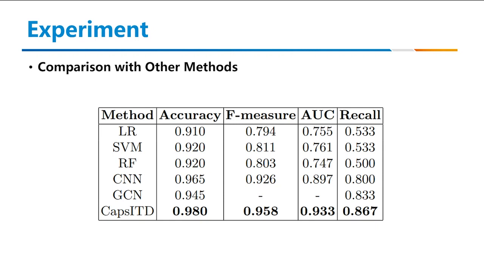When compared to the GCN model, CapsITD has a higher 3.5% accuracy and 3.4% recall. The performance of CapsITD is superior to that of other existing models, which means CapsITD is competent for insider threat detection.